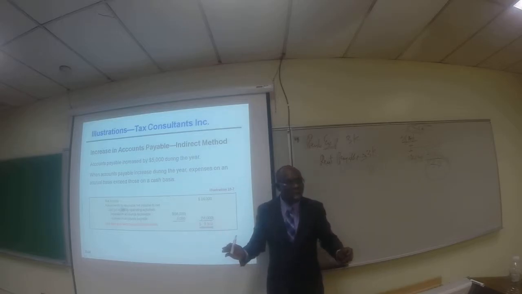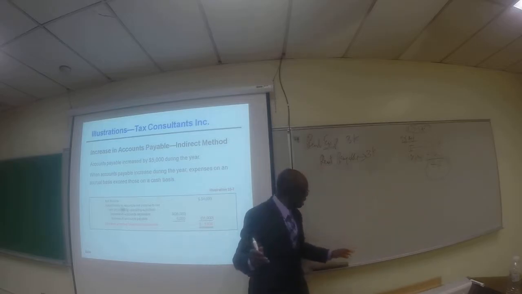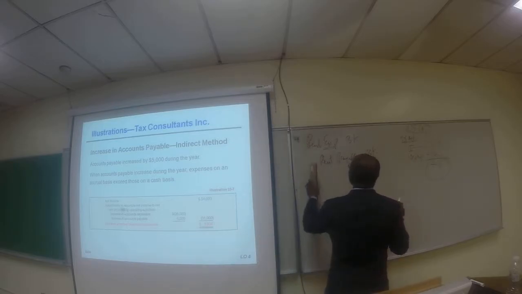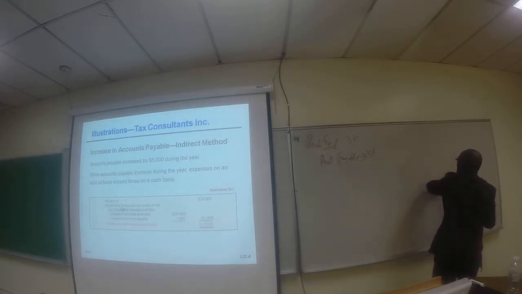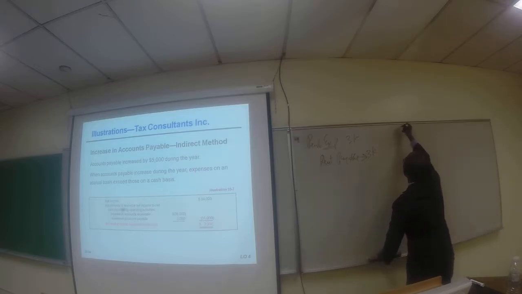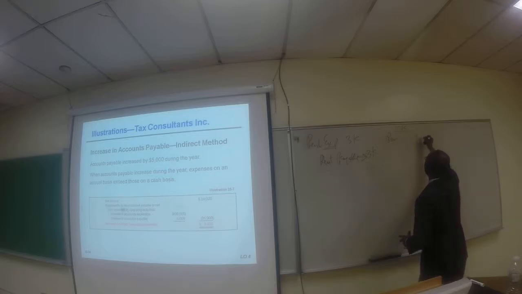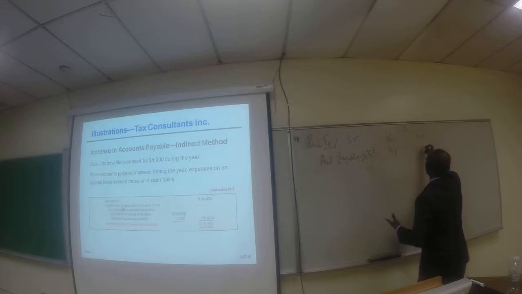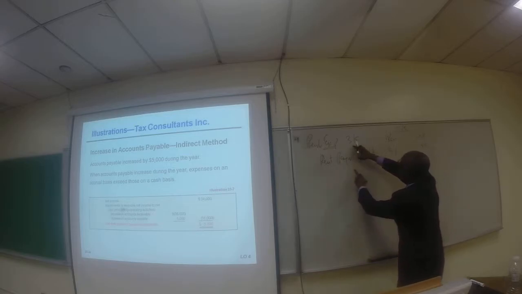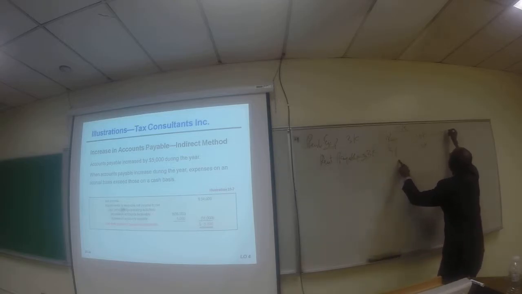This is one of those things you need to think through very carefully, because take a look at what happens here. Let's assume, like the example we just illustrated, rent expense, rent payable $3,000. Let's take a look at the income statement. Revenue $10,000, expenses are $3,000. Let's assume that revenue is 100% cash.